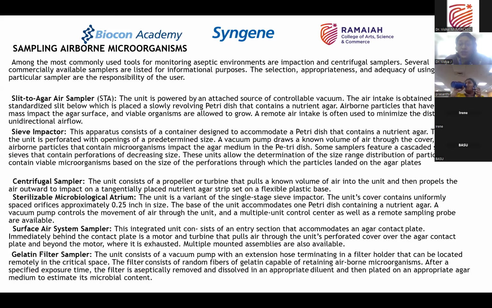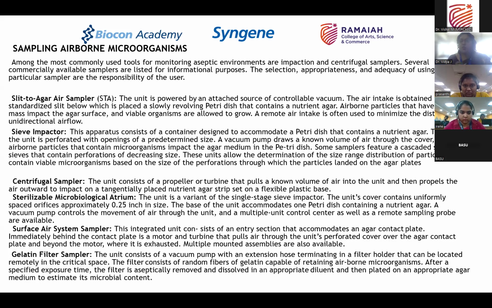Then you have another type of sampler, like the centrifugal sampler. So you have a propeller, like a wind turbine. You must have seen propellers in your bioreactors and all that, in manufacturing units when you have gone. Or in a boat, you've seen the propellers which are used to navigate the boat, to push the boat forward.